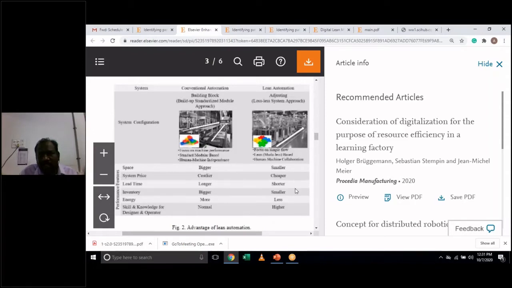On one side are the conventional automation systems, and on the other the lean automation systems. You have to look at the space, the system price, and the lead time. Madam has already said that the lead time should be minimum.